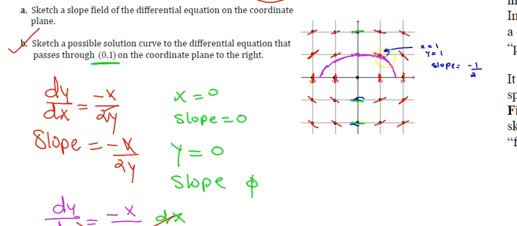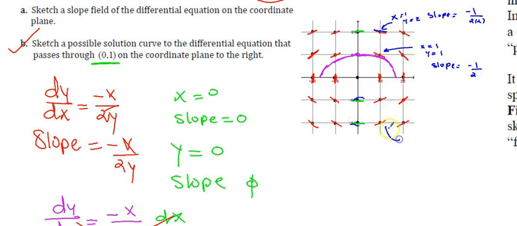You can show a tiny negative slope, a little horizontal line. Here x is 1, y is 2, so the slope is negative 1 over 2 times 2, which is 4, so a more horizontal line. And like that, you just compute everywhere.